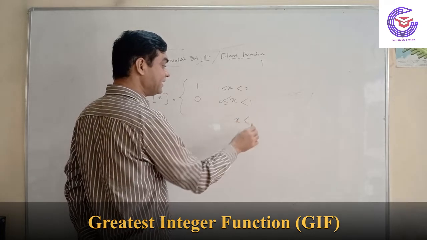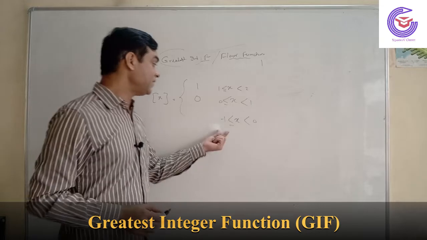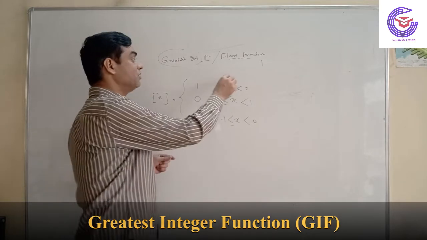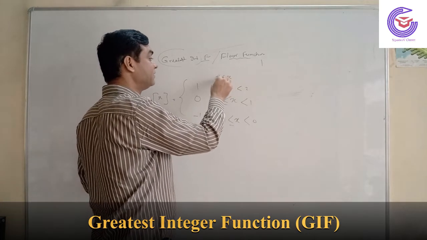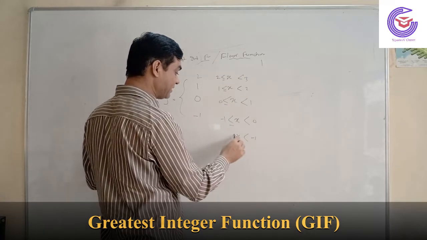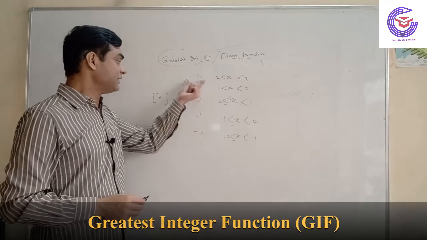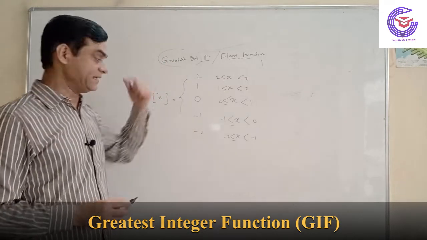If x is less than 0 and greater than or equal to minus 1, this value will be minus 1, and so on. This will keep on going. So here it will be 2. If x is between minus 1 and minus 2, this will be minus 2. This value will always come as an integer.